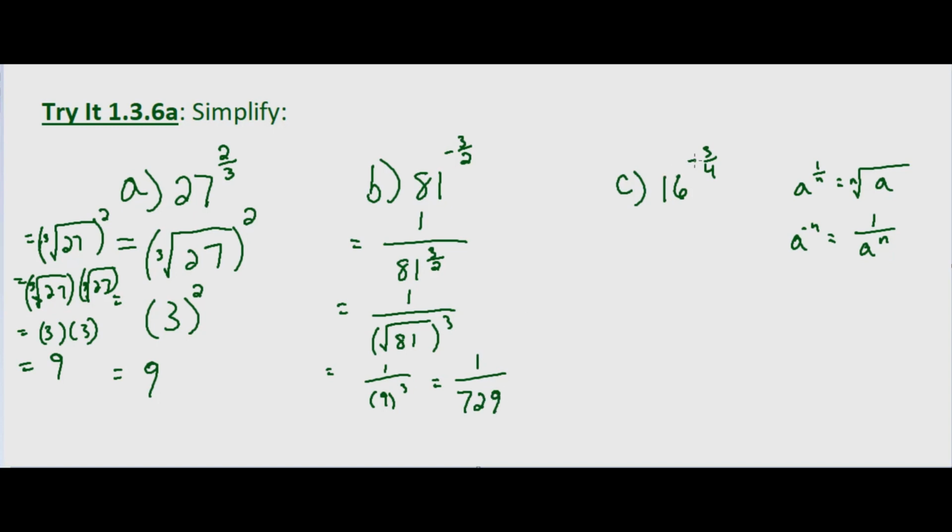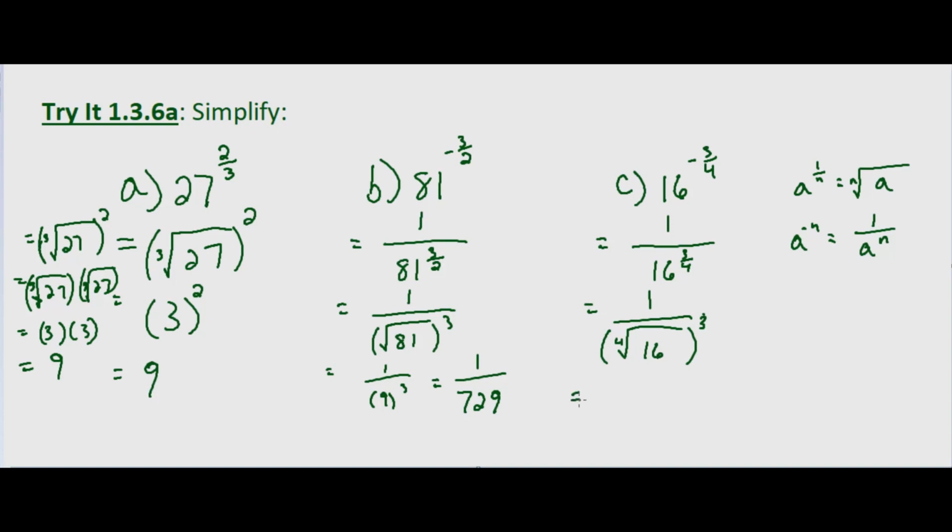Finally, with part C, we do have another negative exponent, so our first step is to use that second property with negative exponents. 16 to the negative 3/4 is the same as 1 over 16 to the 3/4. Our root is 4, since that's the denominator of the rational exponent, so this is 1 over the 4th root of 16, and that's being cubed.